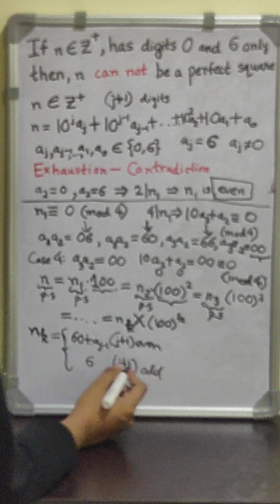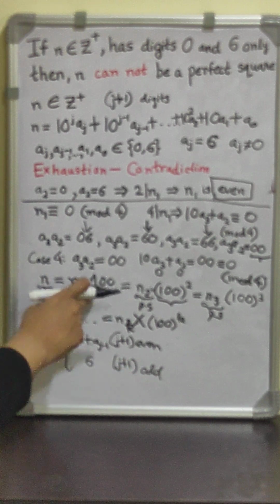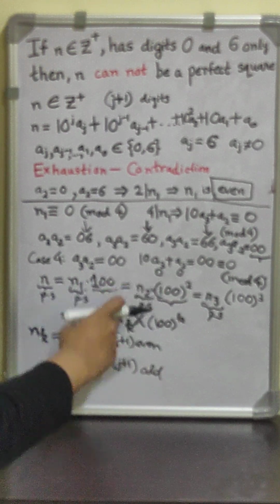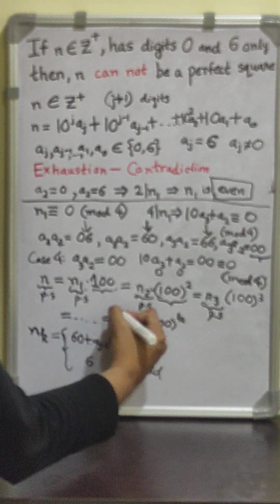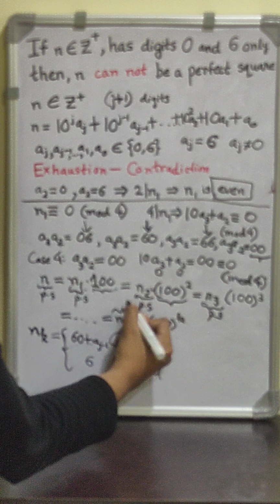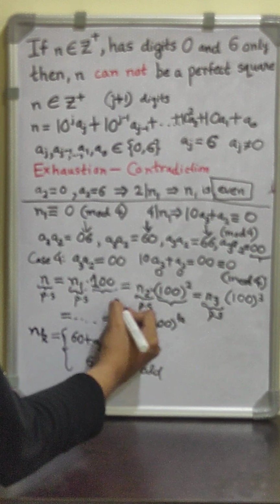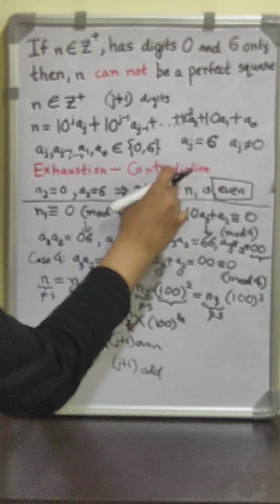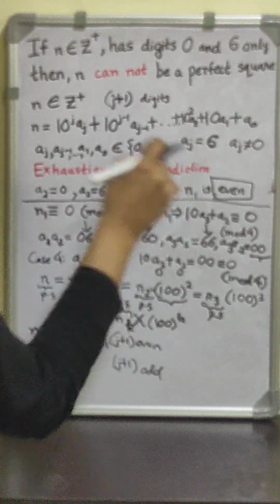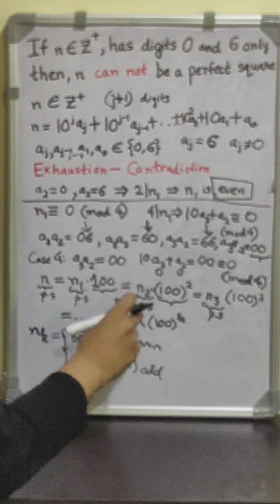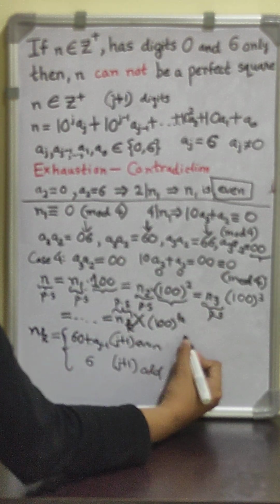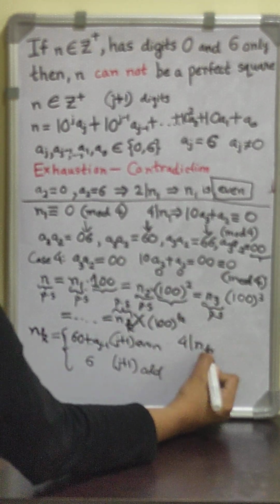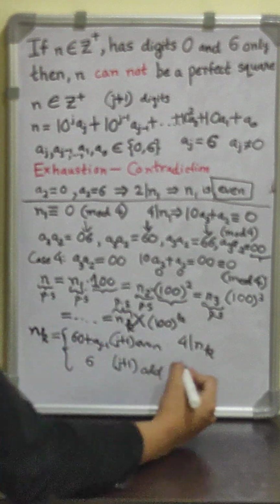Now remember, for n to be a perfect square, n1 had to be a perfect square, and n2 had to be a perfect square, and n3, all the way up to nk. nk also had to be a perfect square. We are still at the contradiction phase. We want to contradict this. So for nk to be a perfect square, once again 4 will have to divide nk. Is that really true?